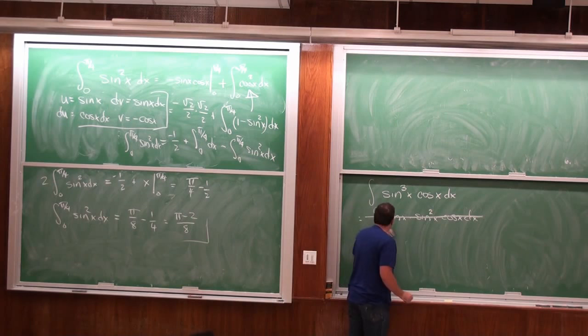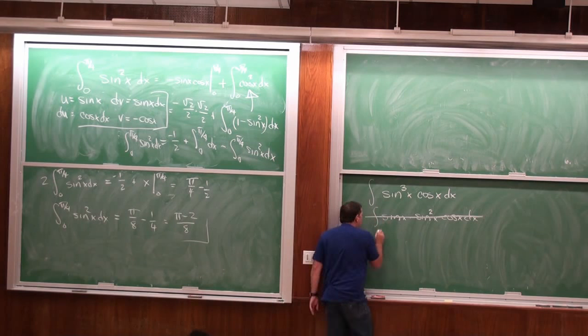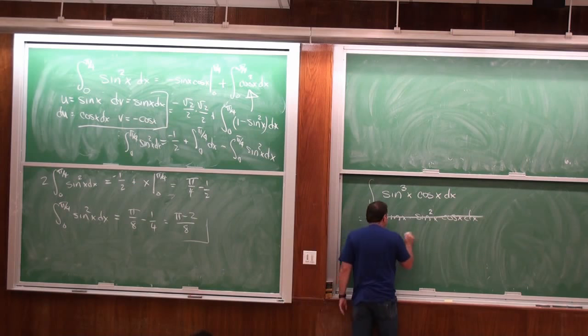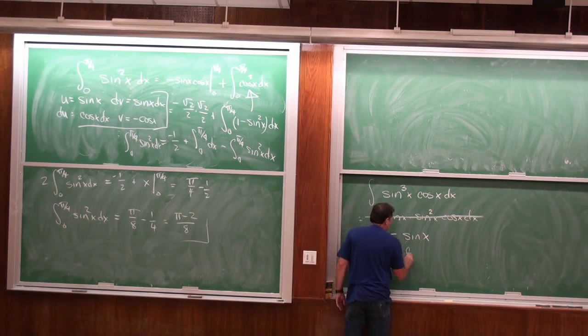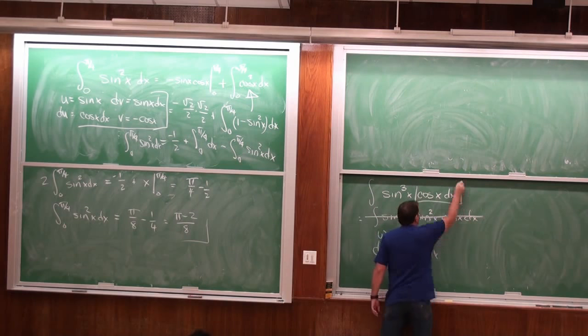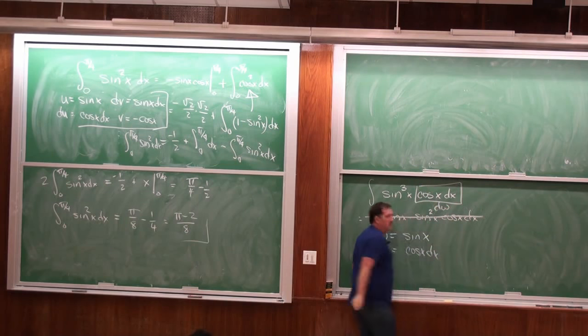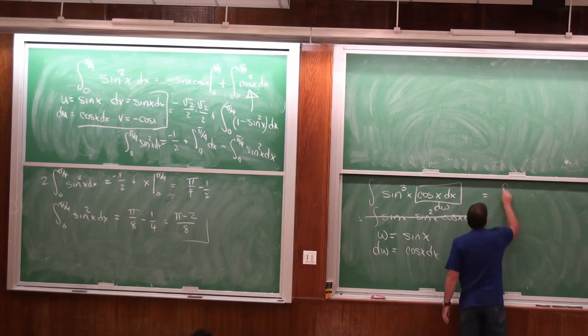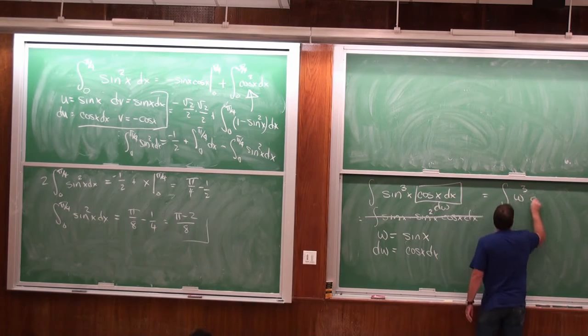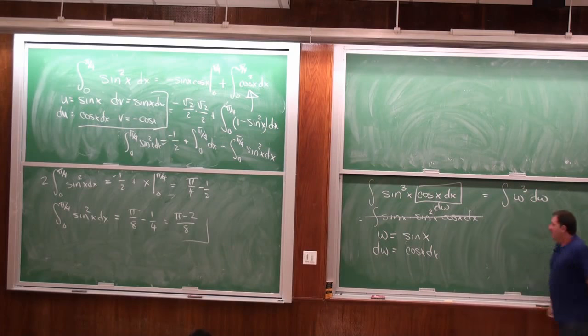Just so you don't call it u substitution, I'm going to make the substitution w equals sine of x. And that's good because right there is my dw. And so when I make that substitution, that makes this a really easy integral. And so then this is just 1/4 w to the fourth, and w was the sine.